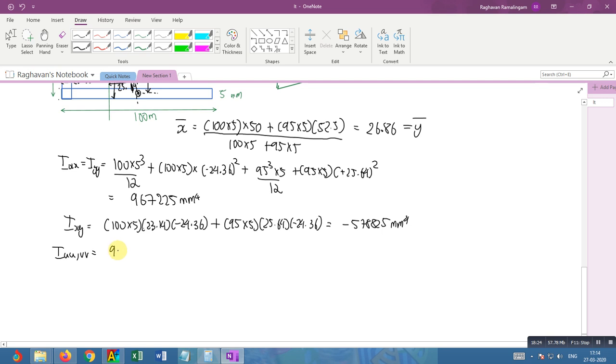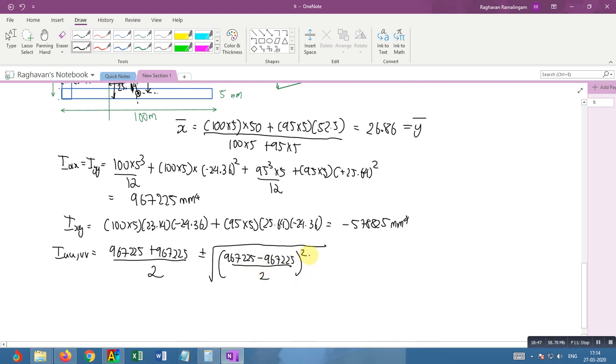So I'll have 967.225 plus 967.225 by 2 plus or minus root of, this will actually become 0, plus this thing square, minus 578.825 square. So this gives me IUU is 1546080 and IVV is 388.